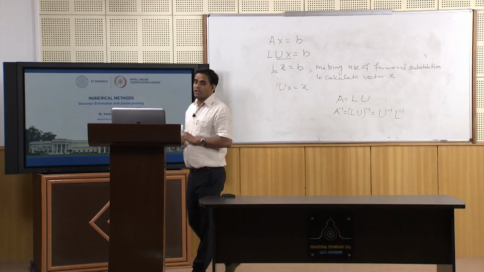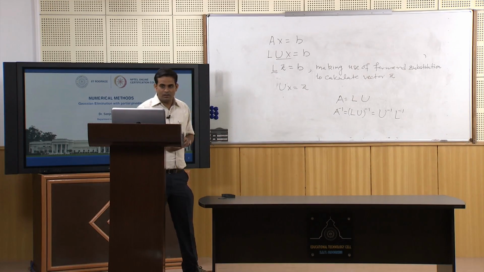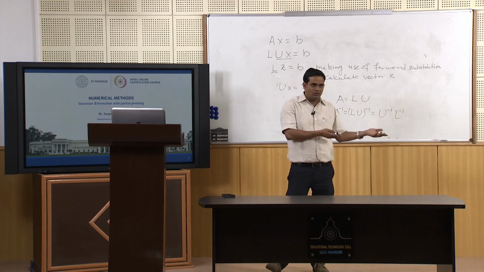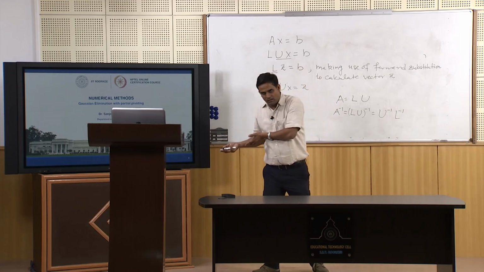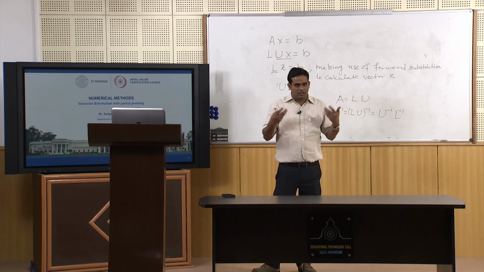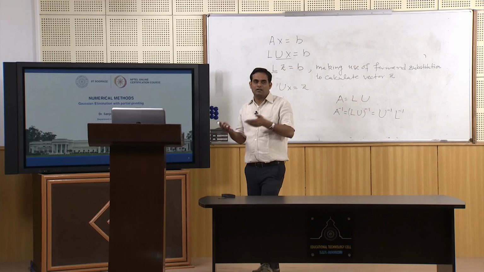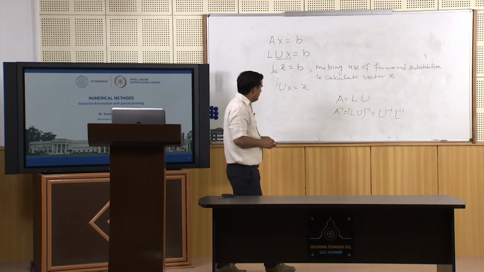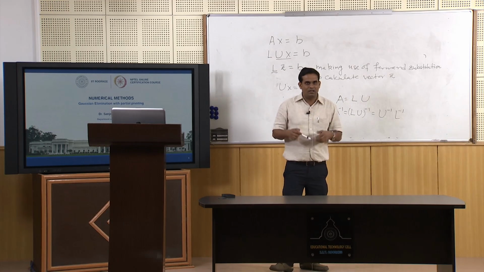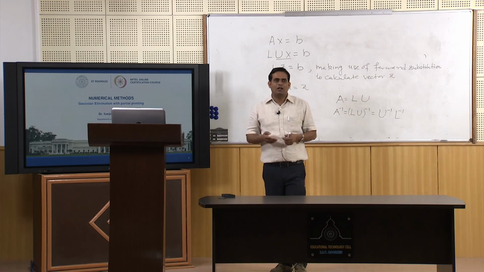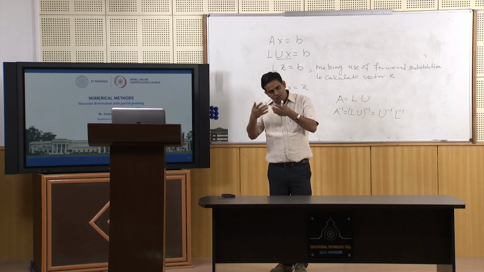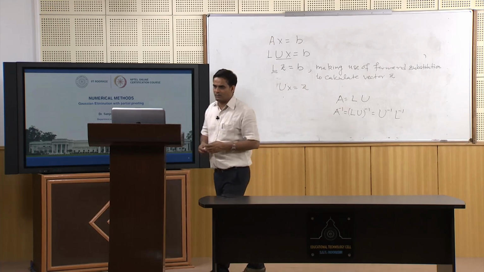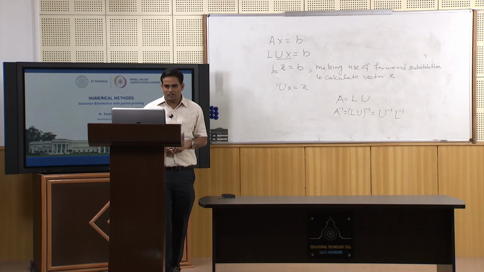No. This method fails if any of the diagonal elements, either from the lower triangular matrix or from the upper triangular matrix, is 0, because for calculating the values of the other variables, the diagonal elements come in the denominator, and if it is 0, we cannot find a finite value for the other variable.